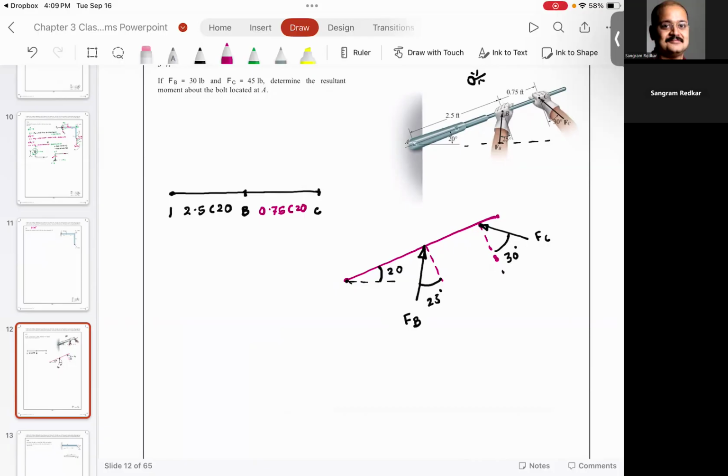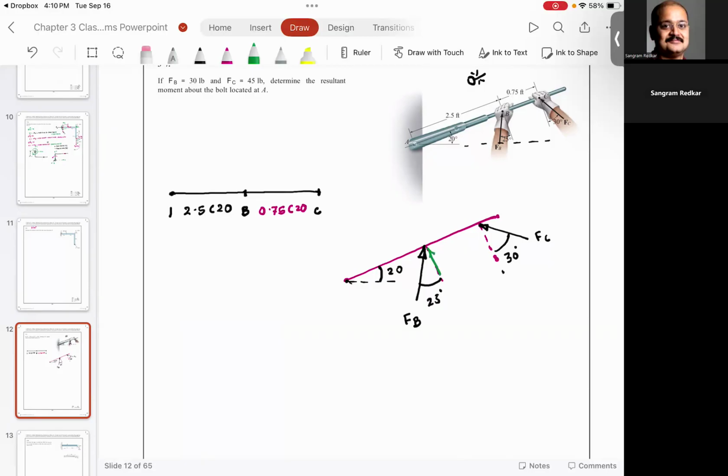Do you agree with me? Because this rod is at an angle. If you look from top, you are going to see the projection of that angle. Now, if you look at the forces, you are going to see again two components of forces.